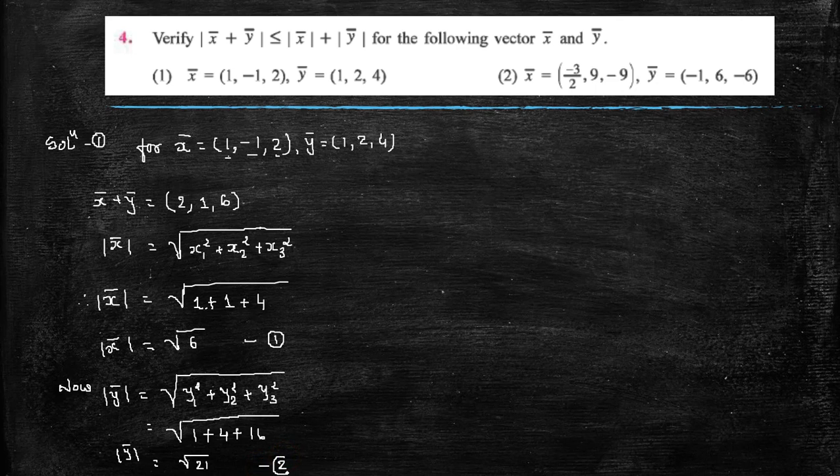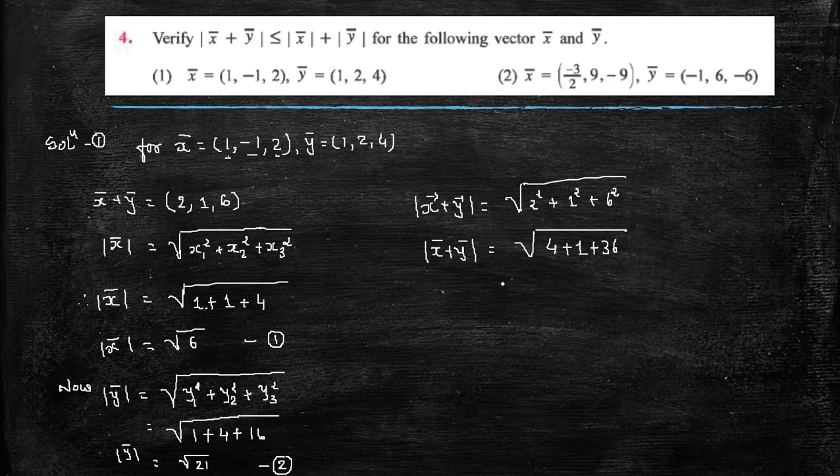Let us give the name of this equation as 2. Now what we want is the magnitude of x plus y, that is under square root of 2's square plus square of 1 plus square of 6, and that is 4 plus 1 plus 36, and that is square root of 41.